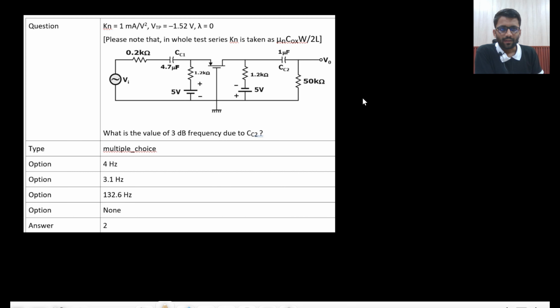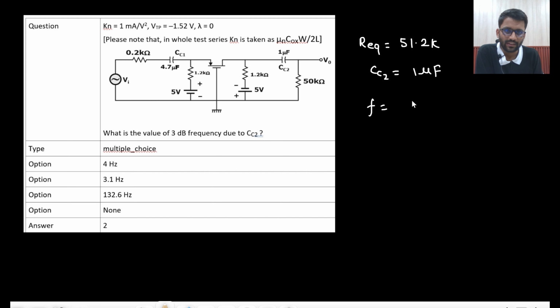And in this question you need to find it because of CC2. Because of CC2, CC1 will be shorted, so all this resistance will be gone. This node will also be gone, so there will be no current from here. Only across CC2 you would see 1.2K and 50K. These kind of examples we have seen in the class notes. Both will be in series, so the equivalent resistance is 51.2 kilo ohm. The capacitance CC2 is given as 1 microfarad.